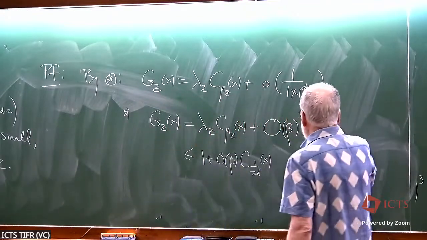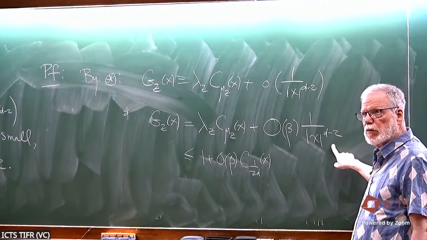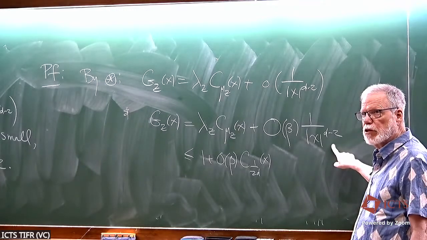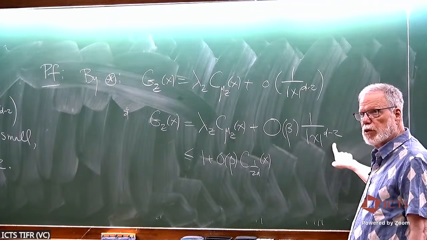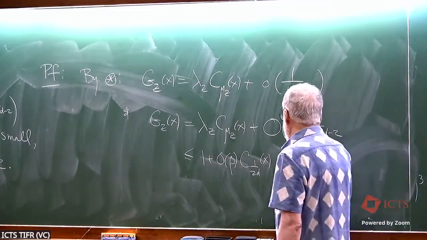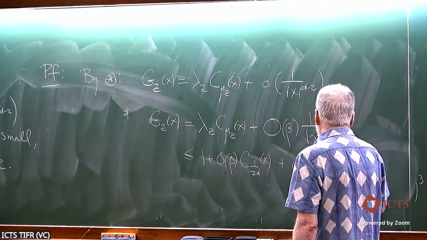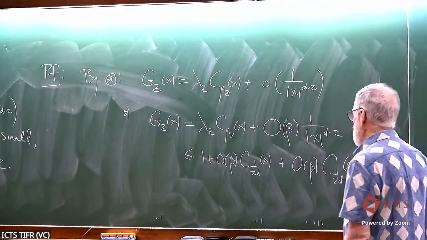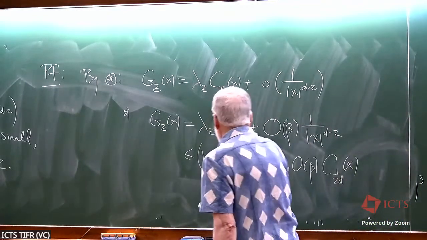And this thing here is the asymptotic behavior of the critical simple random walk 2-point function. So up to a constant, I can replace this by C_{1/2d} and just absorb that constant into the big O. So I'll get a big O of beta times C_{1/2d} of x. And I'm missing some parentheses there.